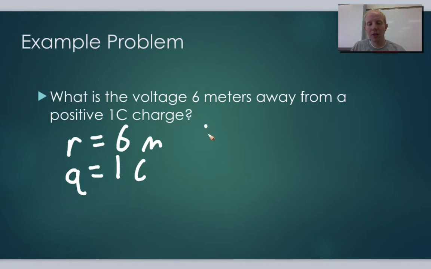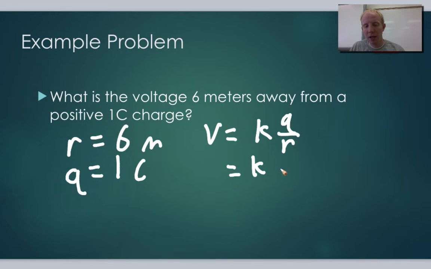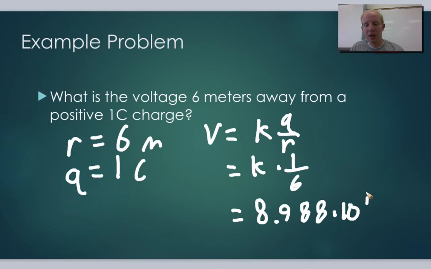Then the voltage equals K Q over R, which is K times 1 over 6, or 1/6 of K, and K is 8.988 times 10 to the 9th.